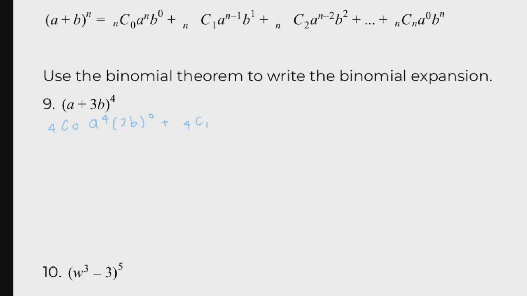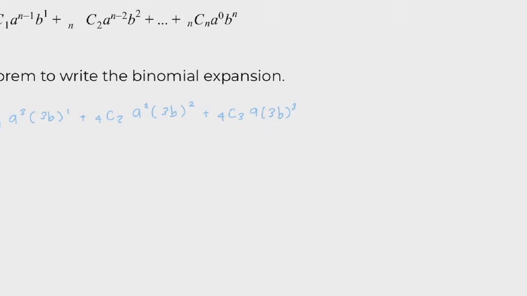Next would be 4C1, a cubed, 3b to the 1st, plus 4C2, a squared, 3b squared, plus 4C3, a times 3b to the 3rd, and then the last one is 4C4, a to the 0, 3b to the 4th.